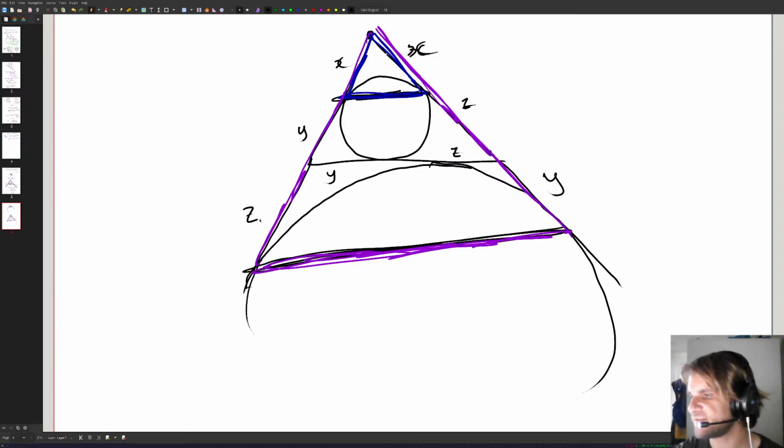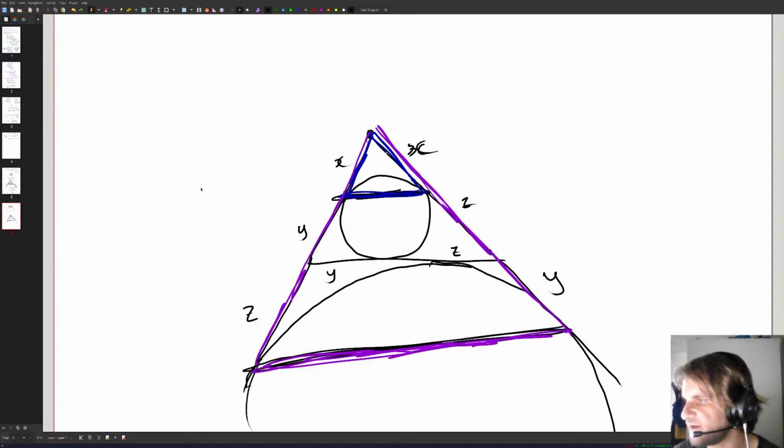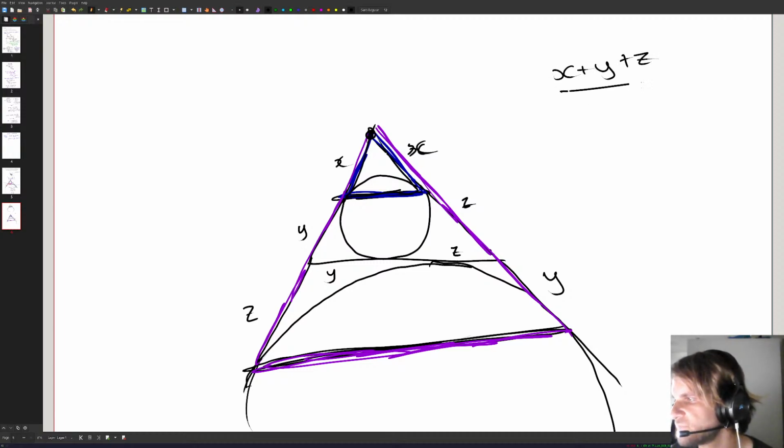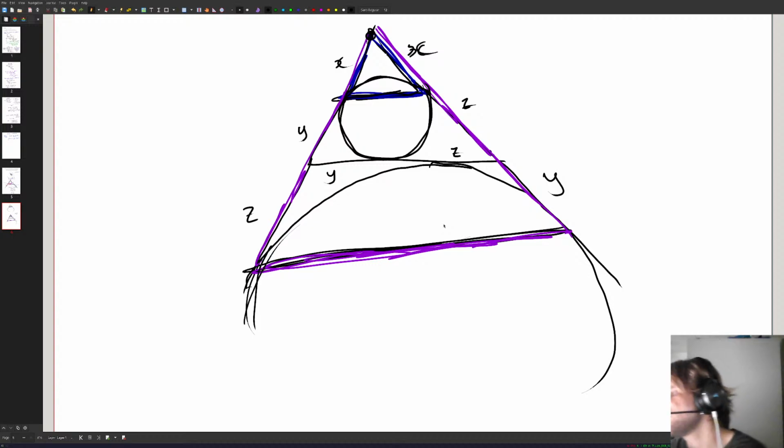And so that means that if you consider, well, let's use the fancy word, the homothety, the transformation that scales this triangle up by a factor of x plus y plus z over x, it turns out that it also maps this circle to this circle. That's not immediately obvious, actually.